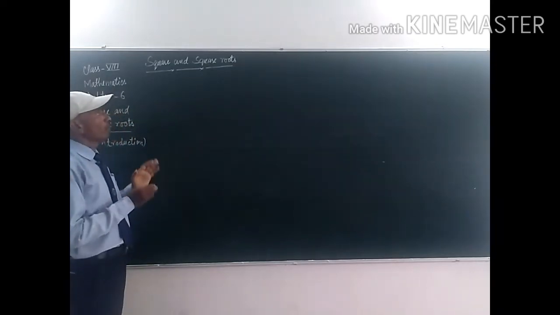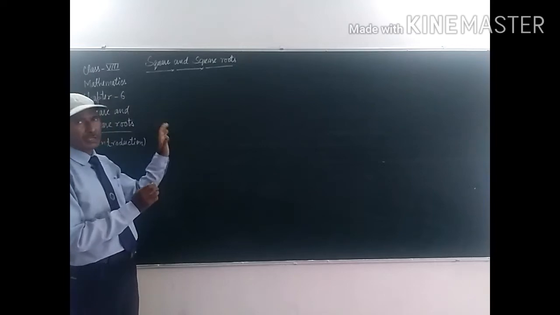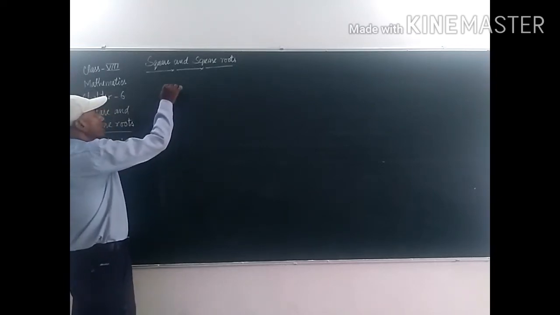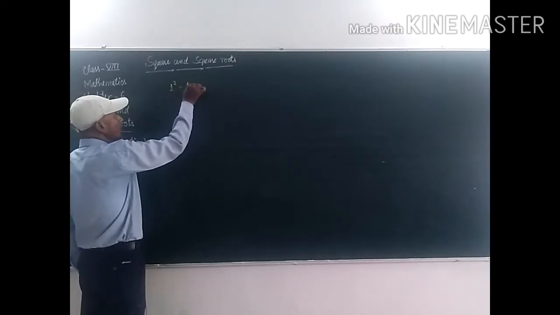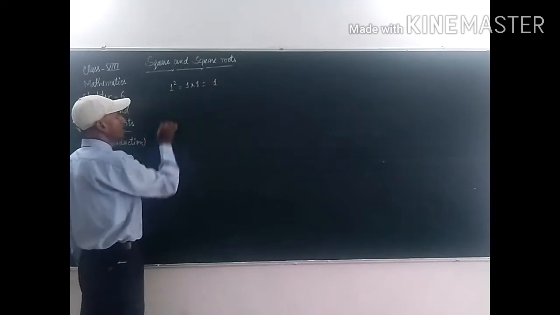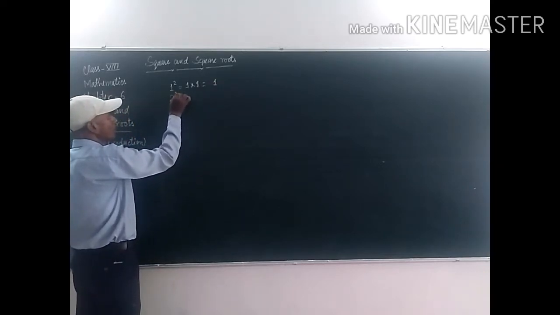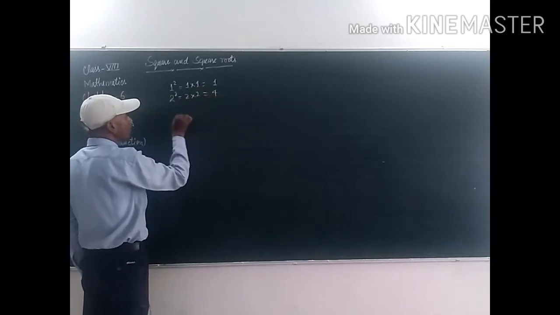So now we have to find the square of the first 20 natural numbers, students. This one, square of 1, it means 1 into 1, that is 1. Square of 2, that is 2 into 2 is equal to 4.